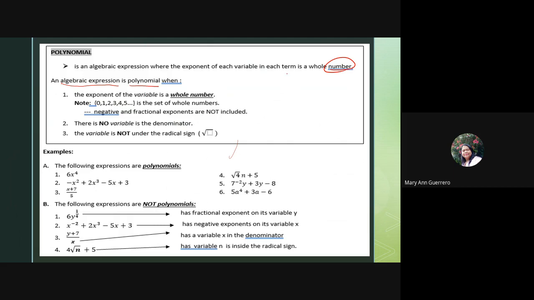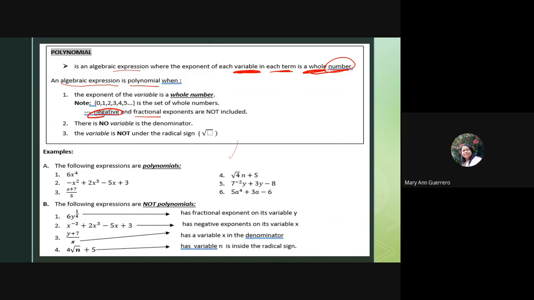So by the definition, it is an algebraic expression where the exponent of each variable in each term is a whole number. So bawal ang negative at fractional exponents. Okay?